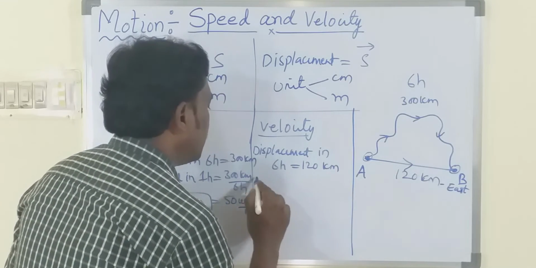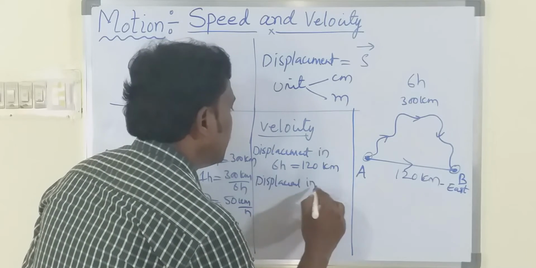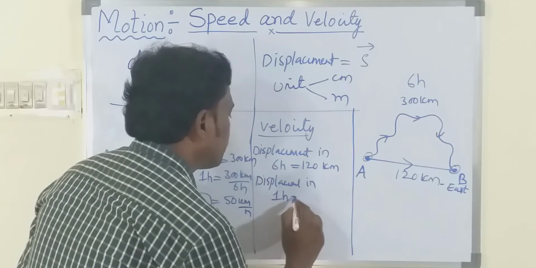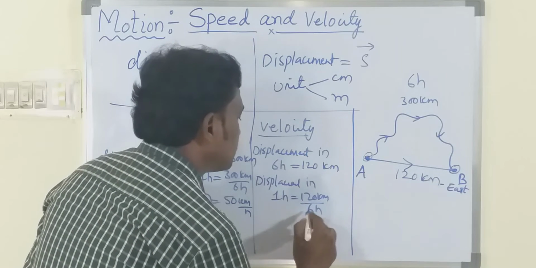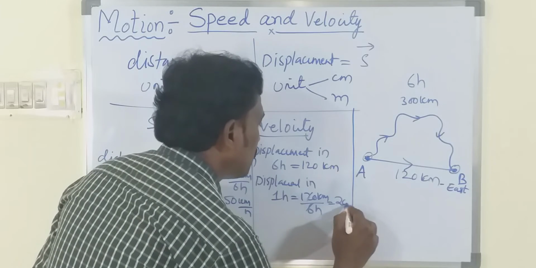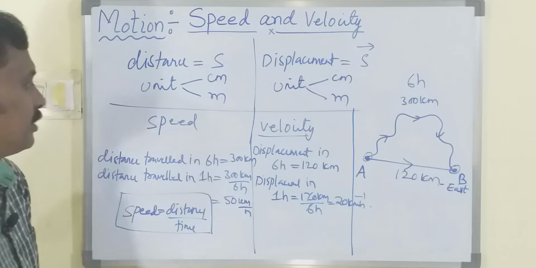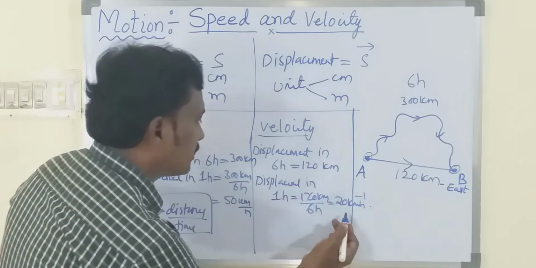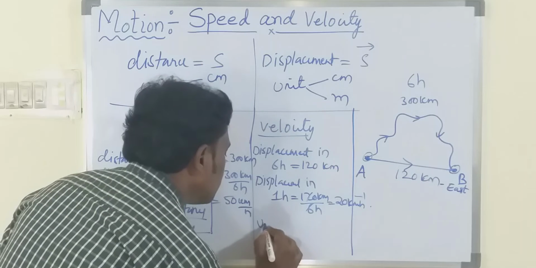So, displacement in 1 hour is 120 kilometers per 6 hours. So, you are getting around 20 kilometer per hour. Now, this is a displacement per unit time. This is what we call velocity.